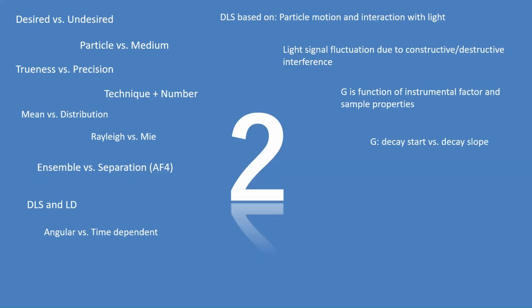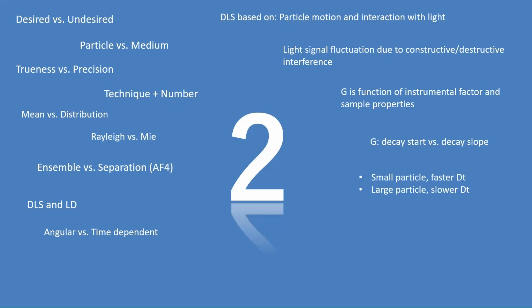More on the correlation function: it has both a start and a decay. If the decay starts earlier, it's smaller particles. If it's a later decay, then it's larger particles. And the slope of the decay is related to the distribution.